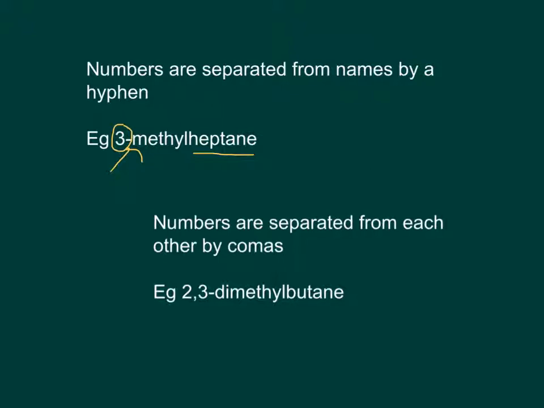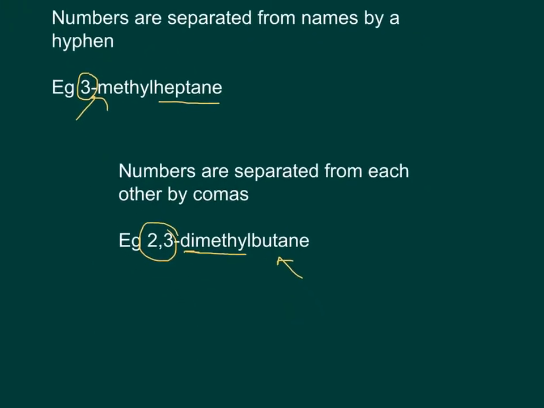How about this one here? I've got two numbers, so I've got a dimethyl group there. It's butane, so I put a comma between those two numbers, the 2 and the 3, and then a dash between the 3 and the dimethyl, so I've got everything going on in this guy. And then the butane is, of course, telling me that I've got 4 carbons. So we can sketch this one out.